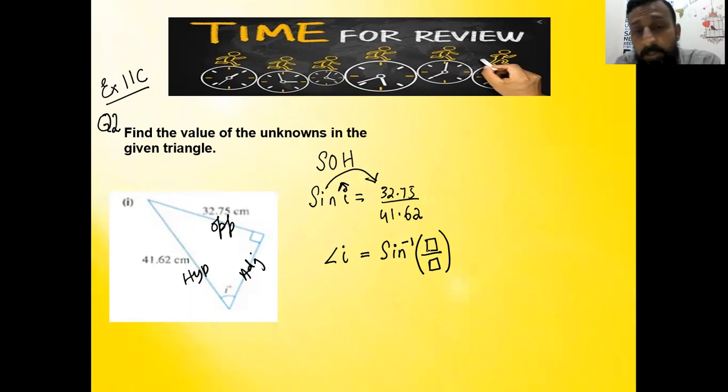How do we apply the sine inverse function in your calculator? There is a button called shift, right on top, the left hand side button. Press it and then press sine. You will see sine inverse on the screen. Then use the fraction button, write 32.75, bring the cursor down, 41.62, close the bracket, and you will find that it's 51.89 degrees.